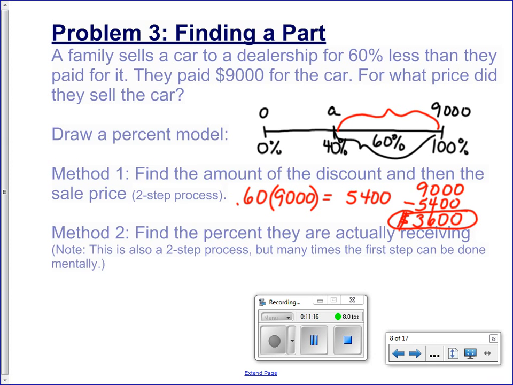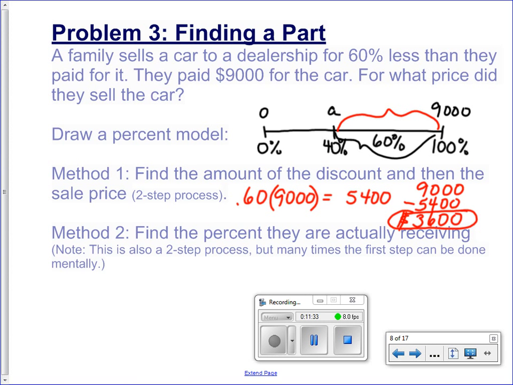Method 2 is finding the percent that they are actually receiving. I think of this as being a one-step process, but it really is a two-step process. The only difference is the first step we're going to do mentally.